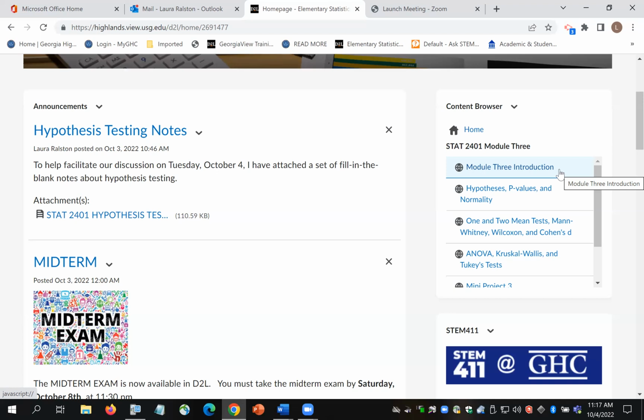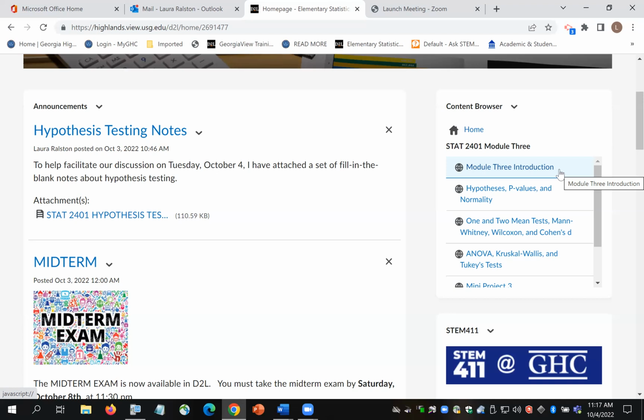We're also going to consider two means in this course. We also look at chi-square goodness of fit, but there are two other types of chi-square tests that we're going to consider. And we're also going to consider what are called non-parametric tests. We'll talk more about non-parametric tests on Thursday.